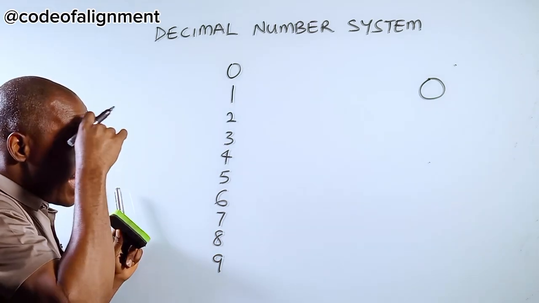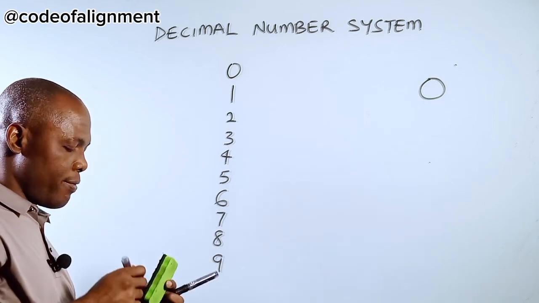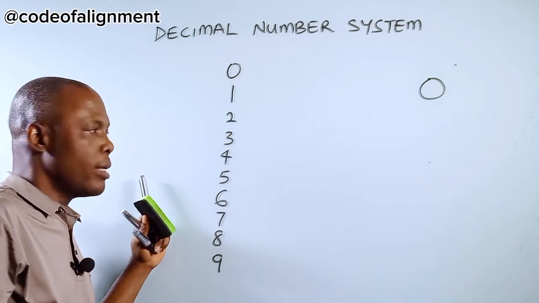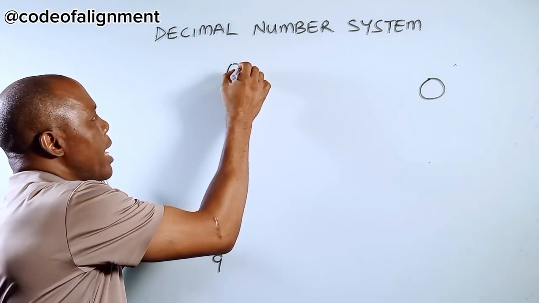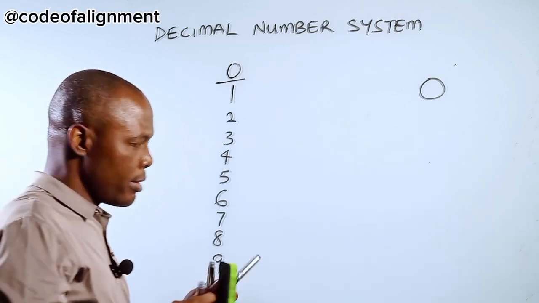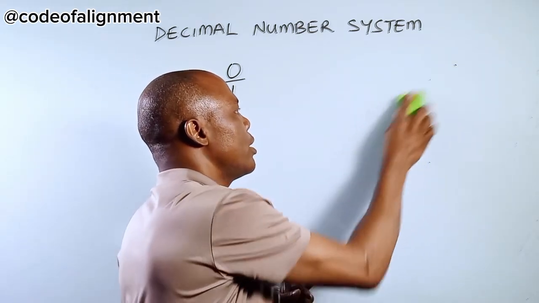These are the symbols that we have in the decimal number system. The discovery of this one changed the whole thing.